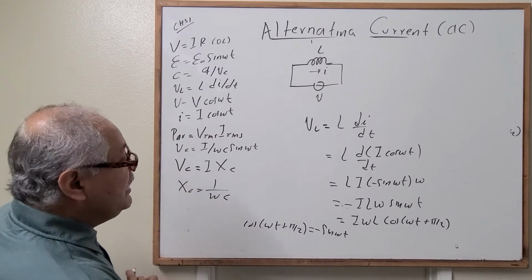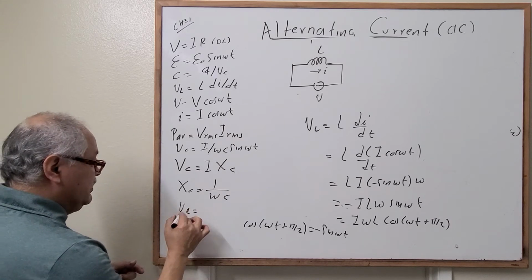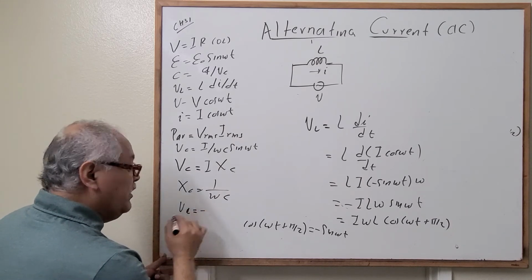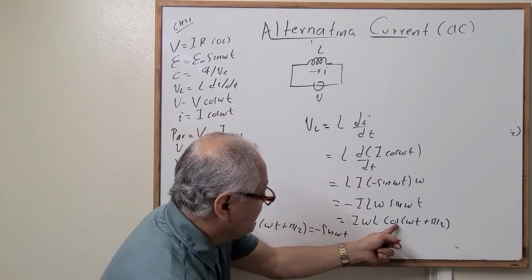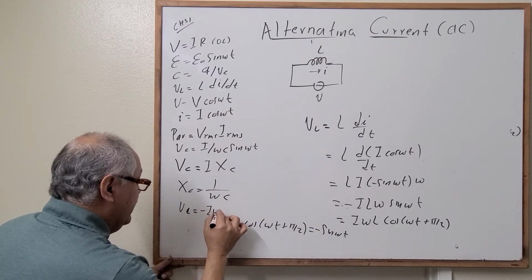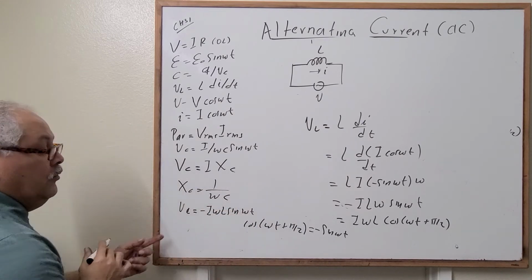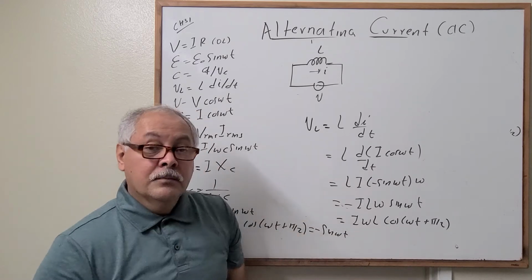So again, we found this quantity: the voltage across the inductor is equal to, we can use this equation or this equation, current omega L sine omega t, or the cosine form.